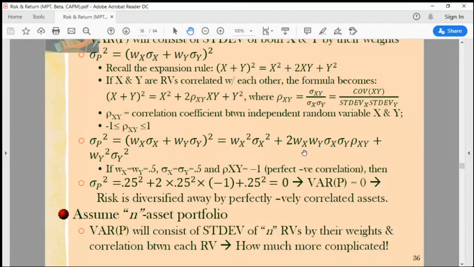In this case, what is the difference between rho and beta? If you remember what was there in beta, the numerator is the same. It's the covariance between x and y, but in the denominator, it was not the standard deviation of x and standard deviation of y.